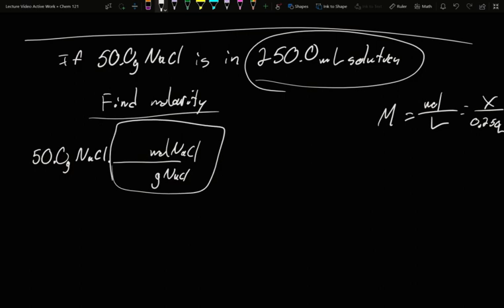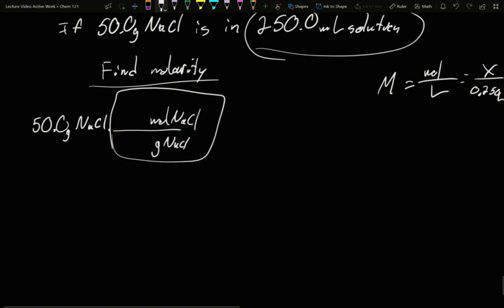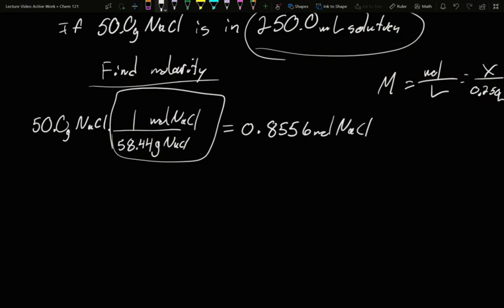We can always get it from the molar mass. Look it up. It's going to be 1 sodium, 1 chloride. It's 58.44 grams in 1 mole. So 50 divided by 58.44, 0.8556 mole of NaCl.